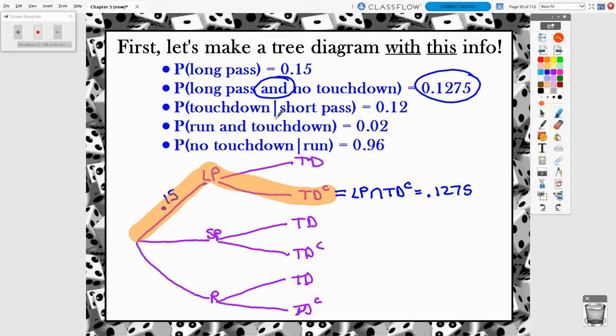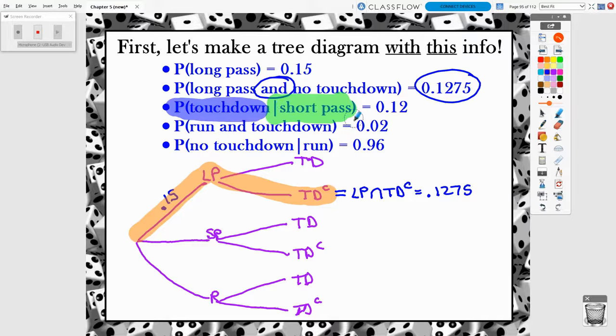All right, next one. Touchdown given short pass. Let's take that conditional. We know that they threw a short pass, right? That's our given information. So that means we know we're on this path of our tree diagram. So given that they threw a short pass, what's the probability that they score a touchdown? Because we have two possibilities after a short pass. They're either going to get a touchdown or they're not. So keep in mind, this is a singular event, the probability of a touchdown.